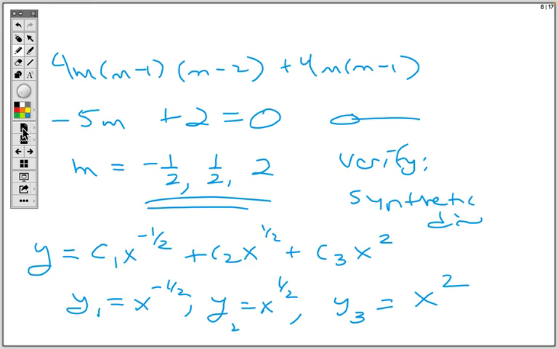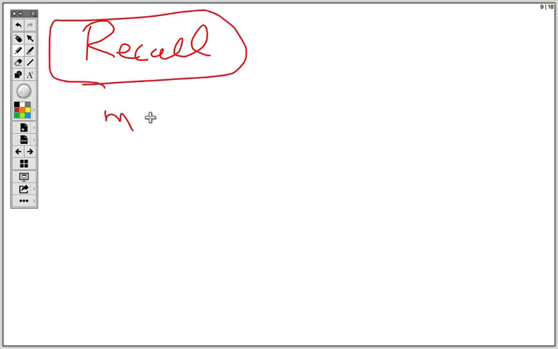Now, this didn't happen here, but just a little recall. What if we had gotten 2 of the same? What if we had gotten minus 1/2, minus 1/2, 2? Do you remember how we eliminate duplication with Cauchy-Euler?